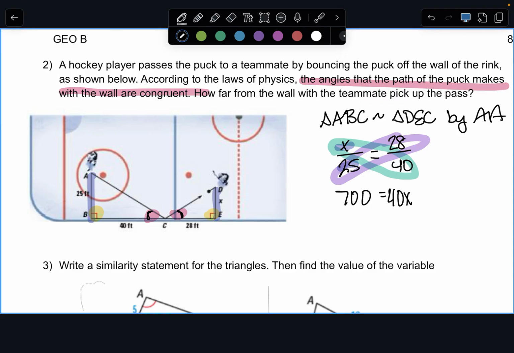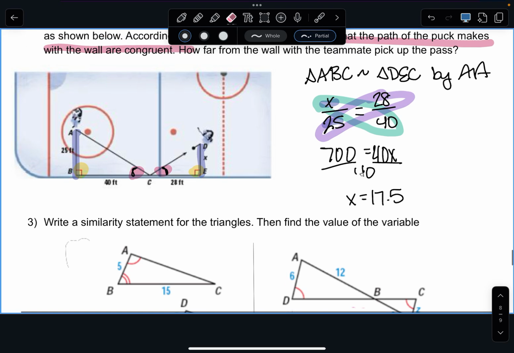Now I'm just solving for x. What's my last step here? Division. Divide by 40. We get x is equal to, if you put it into the calculator, 17 and a half. Wait, divide by 40 for the whole thing? Or each side. It doesn't matter how you write it. It's all the same thing. But we get 17 and a half.